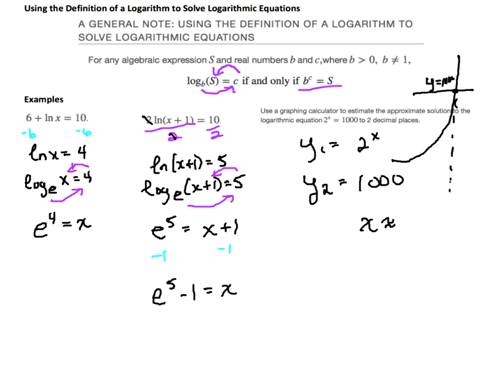And don't forget you put them both on the same set of axes, and then you do second and trace, which is your calculate menu, go down to intersection, curve 1, curve 2, don't worry about guessing, just hit enter and it will tell you that that x value is approximately 9.97.